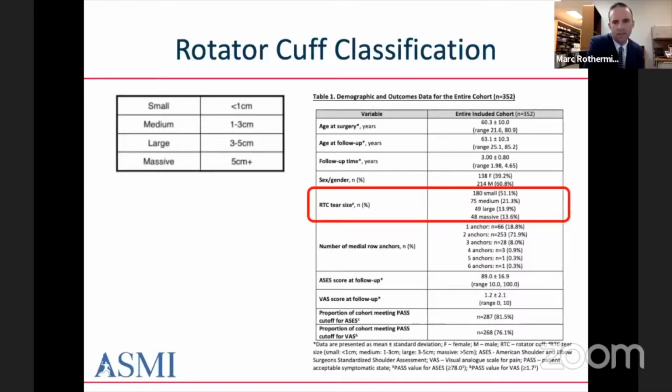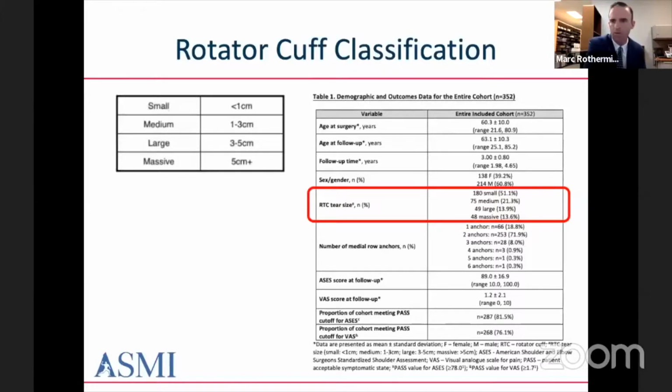And this is a good example of why it matters to be consistent. So we talk about outcomes by a rotator cuff tear size, and we're very specific about which rotator cuff tears are small, medium, large, and massive, because we think that that helps in terms of the accuracy of our research, to be able to accurately describe.